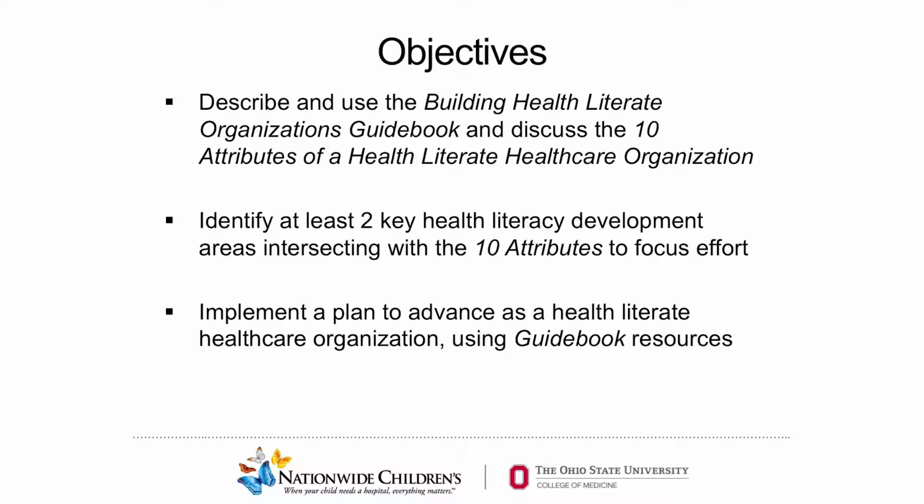I want you to come away with at least 2 key health literacy development areas that intersect with those attributes that you can take back and work on in your setting. And I want you to be able to have the beginning of a plan to start taking action as soon as you get home, to advance as a health literate healthcare organization using the guidebook resources.